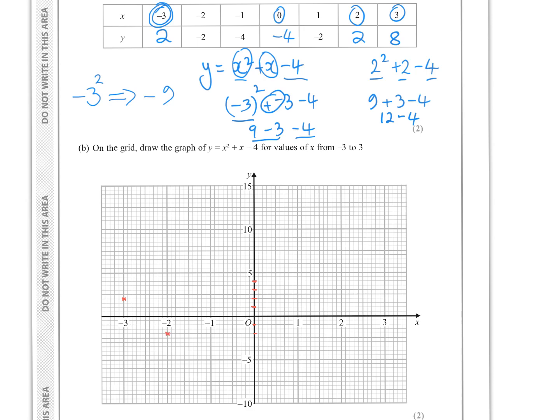And then we've got -1, -4. And then 0, -4. 1, -2. 2, 2. And then 3, 8. So 5, 6, 7, 8.